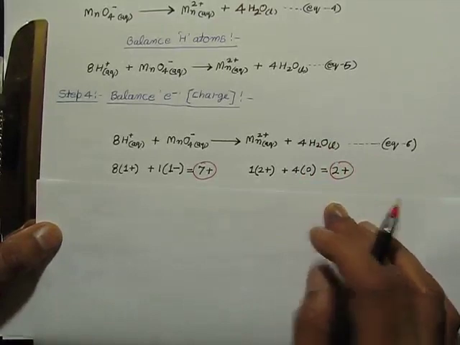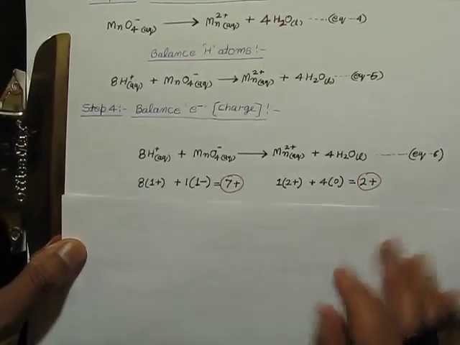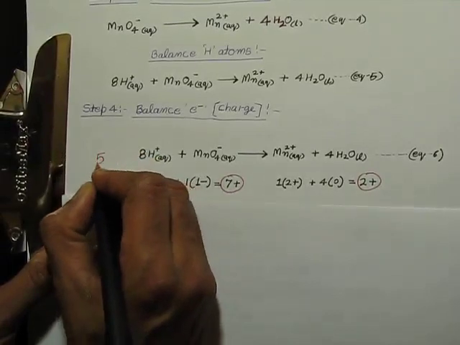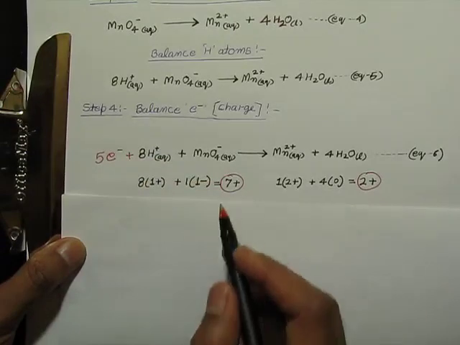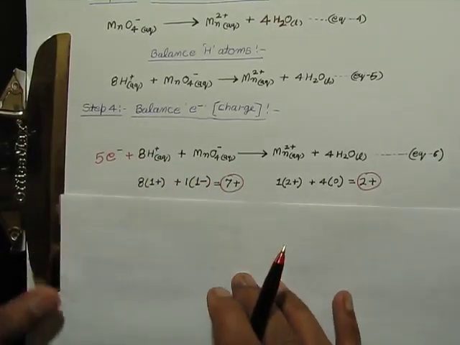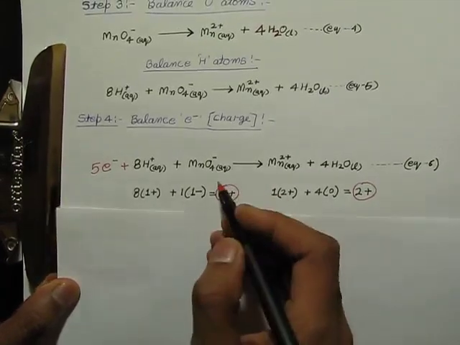So what we have to do is add 5 electrons on the reactant side to balance this charge. And you can also confirm through the oxidation state.